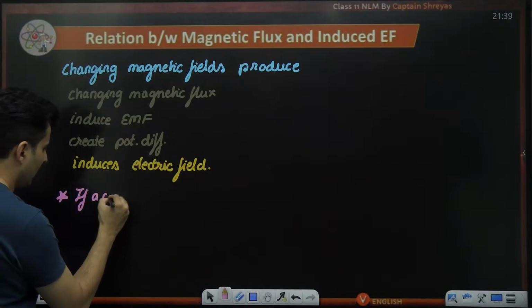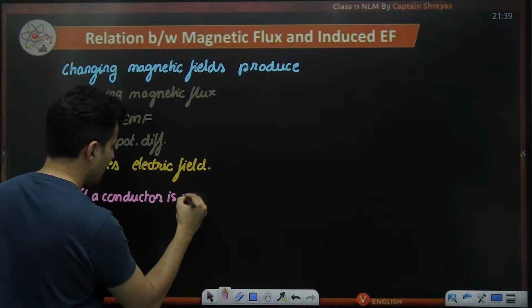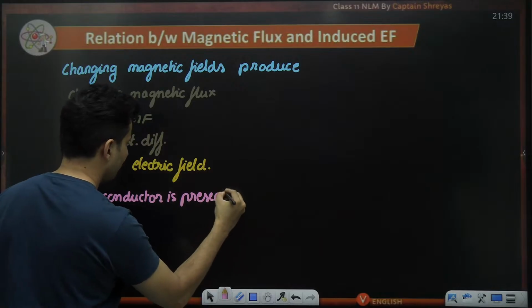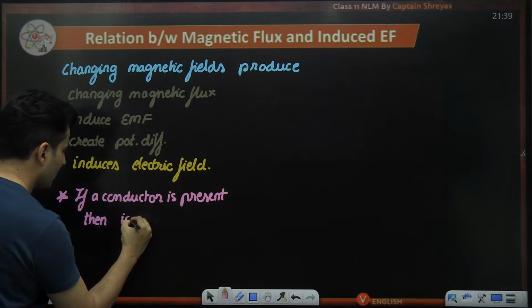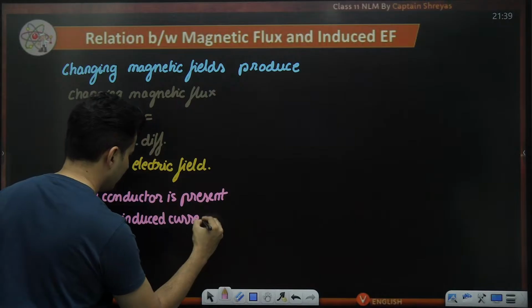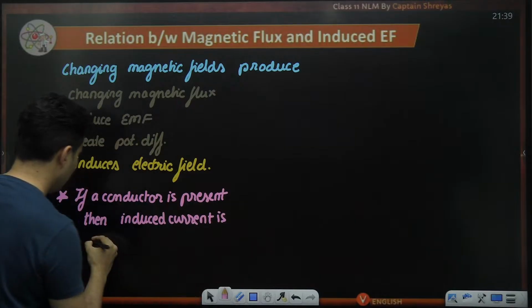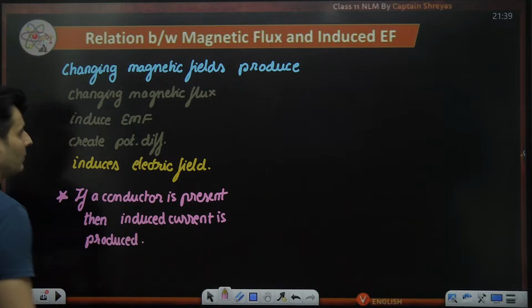If a conductor is present, then induced current is produced. Else it is not produced. Induced electric field is produced.